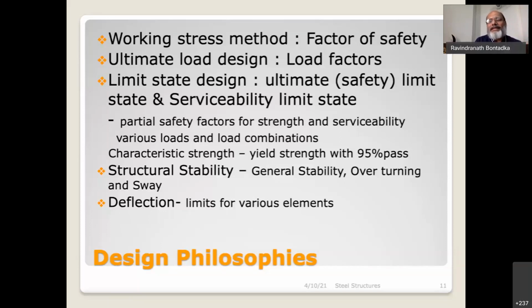That's how it is considered in limit state design. Then there is structural stability, general stability, overturning and sway, which have to be considered in limit state designs. Then there is deflection, as I mentioned earlier, the serviceability limits. Limits for various elements are given in IS 800, which gives us a guideline for the design philosophy.